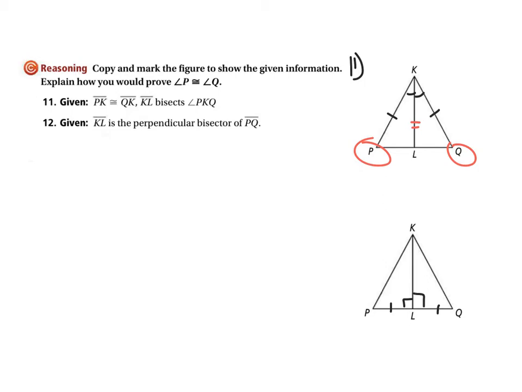And actually, I would say we can then, even though that information wasn't given, we know that, again, this side is reflexively congruent to itself. So we know that as well. Then we've got side angle side congruence. And we would then use corresponding parts of congruent triangles to prove that those angles are congruent.